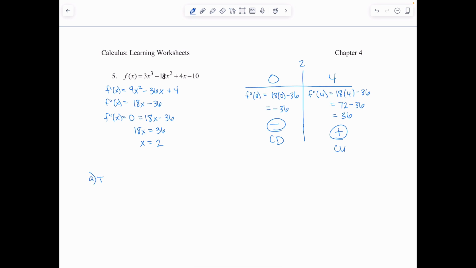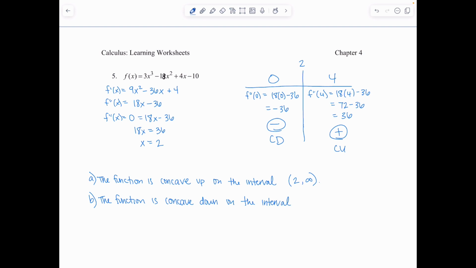So the function is concave up on the interval from 2 to positive infinity. The function is concave down on the interval from negative infinity to 2.